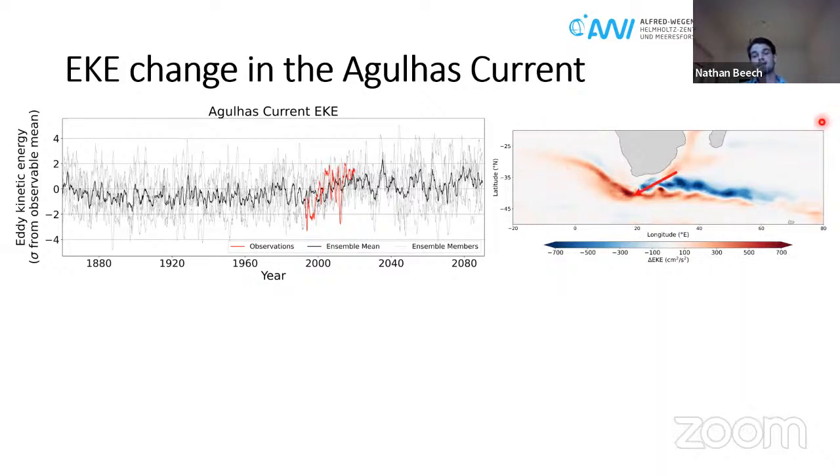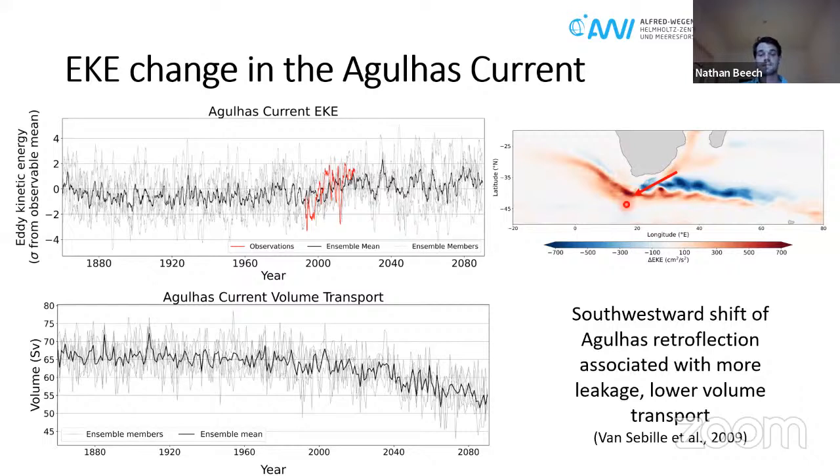Another thing that we can see in this map is a southwestward shift of the Agulhas retroflexion. Basically, when you see an increase in eddy activity in the southwest corner of this map here and a decrease in the northeast, then we can call that a southwestward shift.